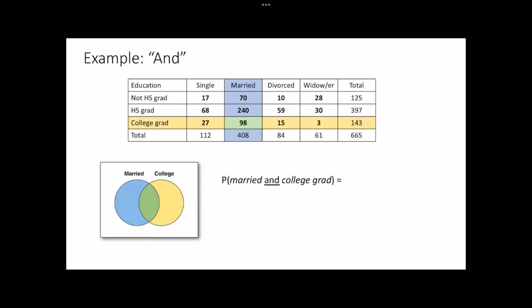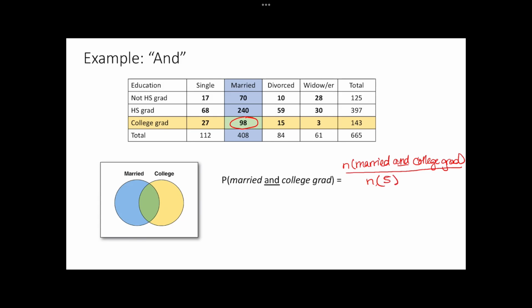Let's look more closely at the table. So suppose we wanted to know the probability that someone is married and a college grad. Well, we're going to look for the entry in our table that corresponds to married and college grad. That's the 98 here. It's the intersection of the college grad row with the married column. So my numerator, remember, is the number that are married and college grads on top, divided by the number in the sample space.